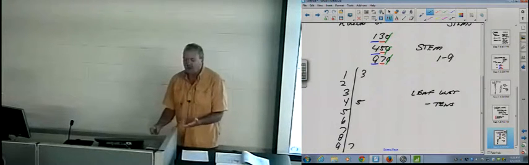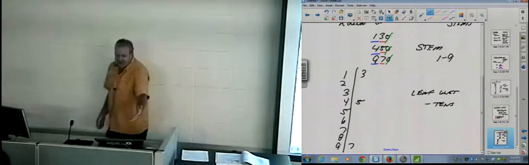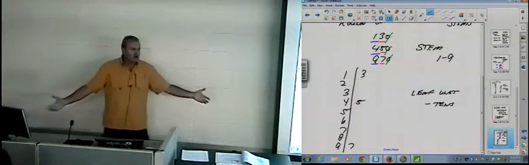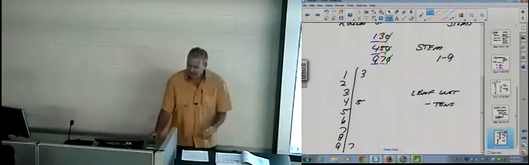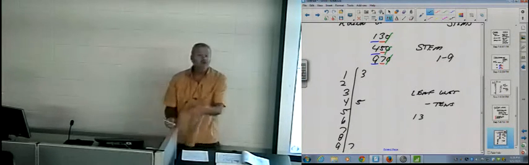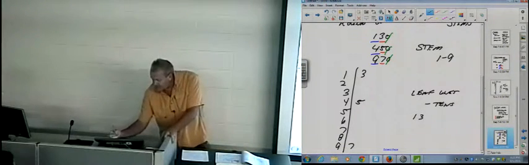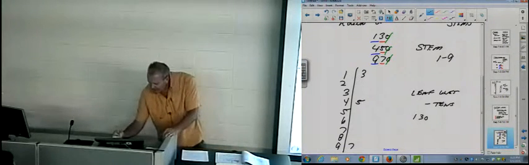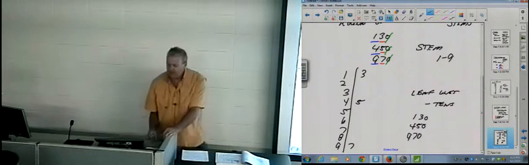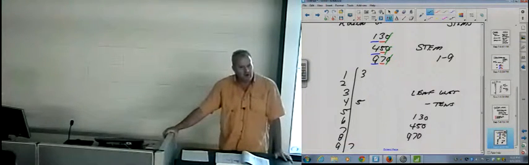Remember I told you the thing about the stem plot is you can recover the data. Well, you can recover the data up to if you had to round it off or not. So I can recover 1. 3 is in the tens position, so there's got to be a 0 there. I got the 4. The 5 is in the tens position. I'll never recover the exact data. I'll recover it up to the point where you rounded it off.